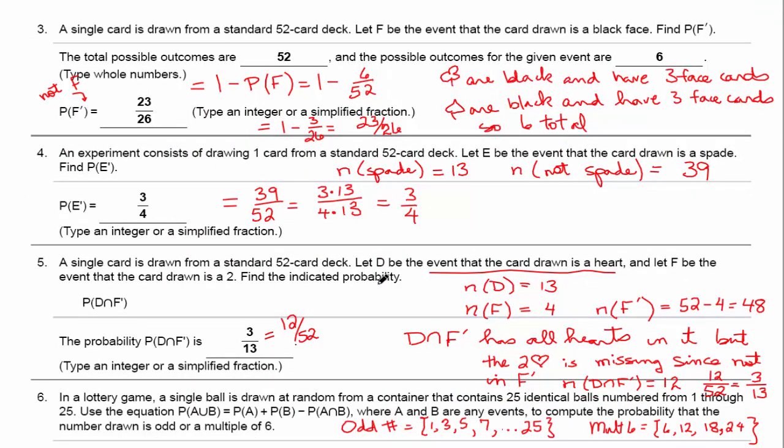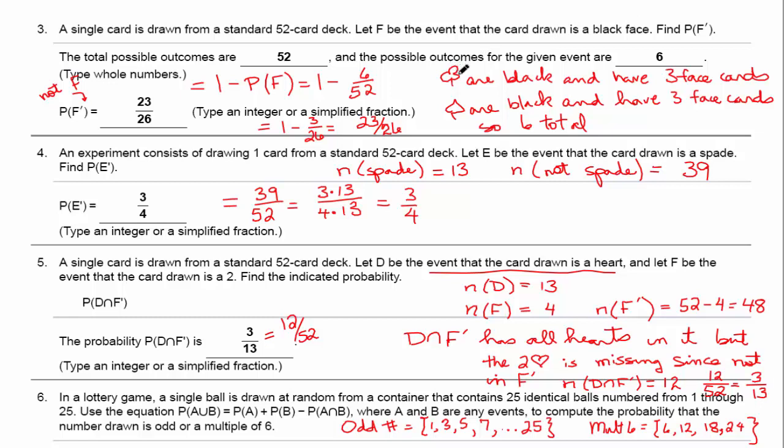All right, in question 3, we have our single playing card. F is the event of getting a black face card. Now what does that mean? We know that there are 26 black cards. What does a black face card mean? Well, the only cards that have actual faces are the jack, the queen, and the king.